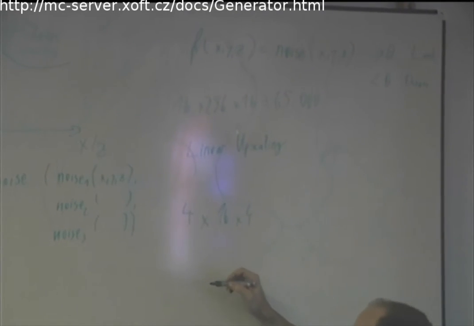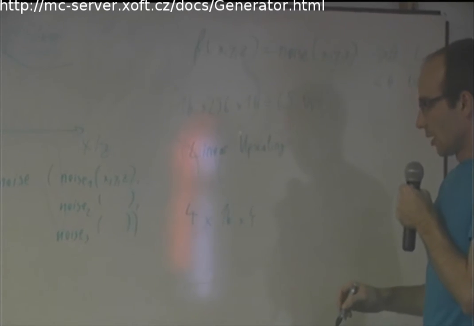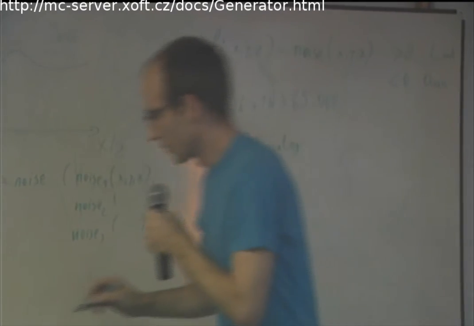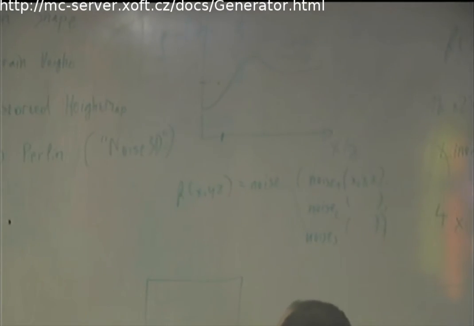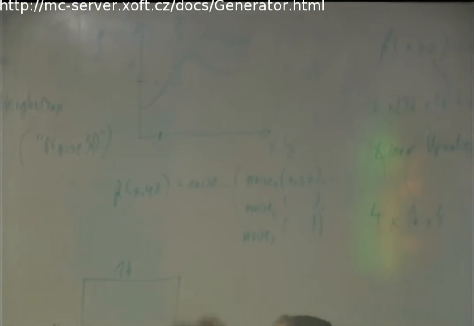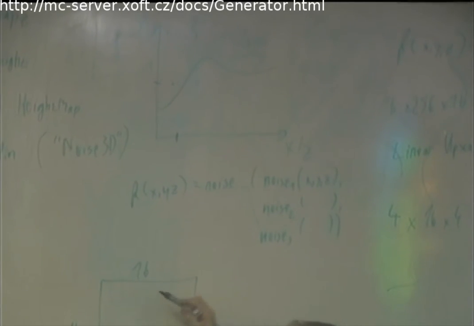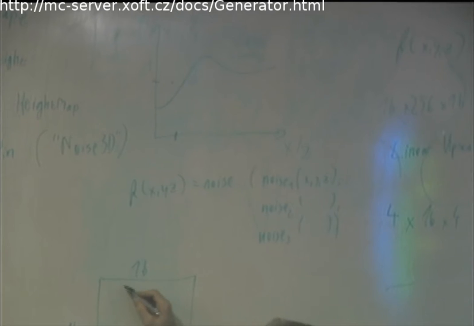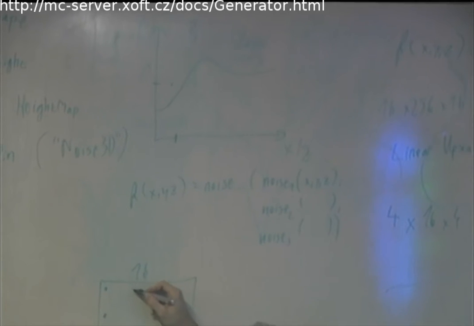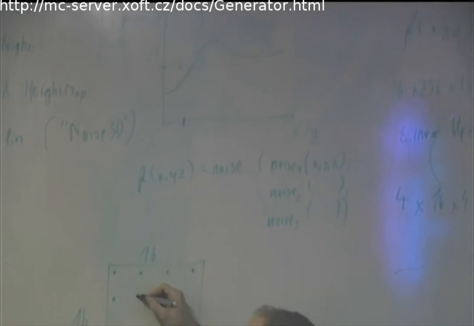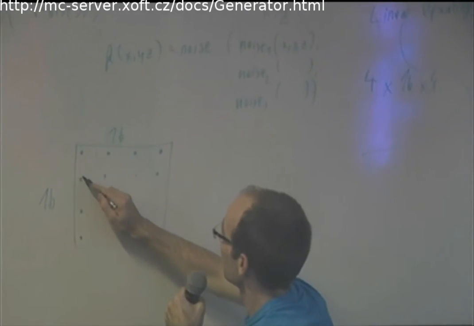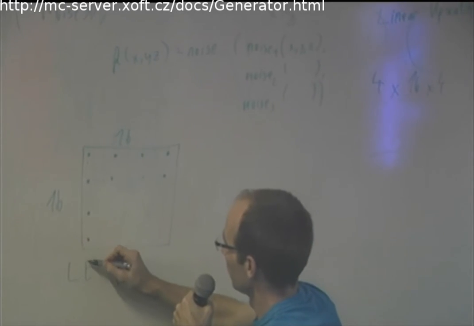I'll try to draw it in 2 dimensions. So we have a chunk that is 16 by 16 blocks. We want to calculate a noise function for this entire thing, but we don't want to calculate everything. So instead of going 16 by 16, we go only by 4 by 4. And then for the rest, we use linear interpolation.